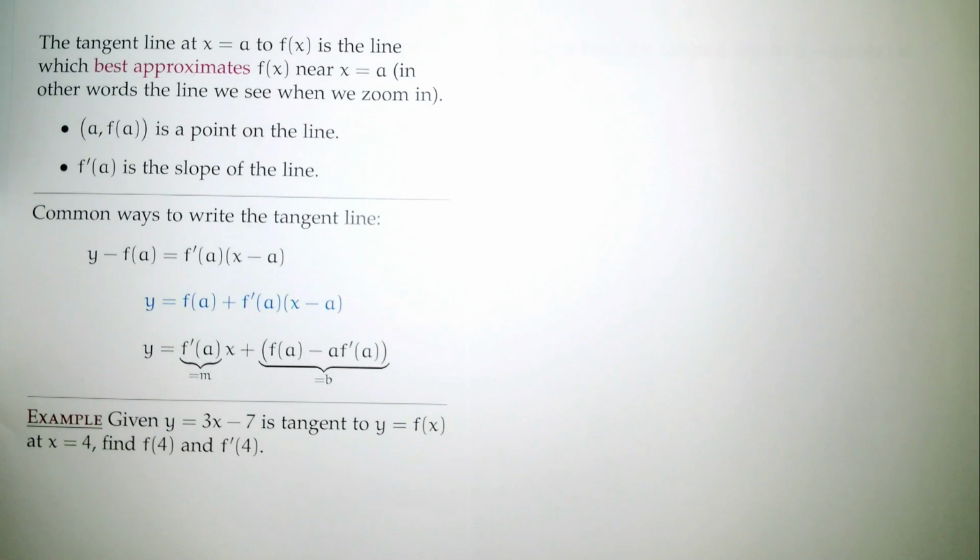So that is, again, the intuition. You keep zooming in, and after you keep zooming in close enough, what you see is flat. And so that line is that flat thing. It's the best approximation.